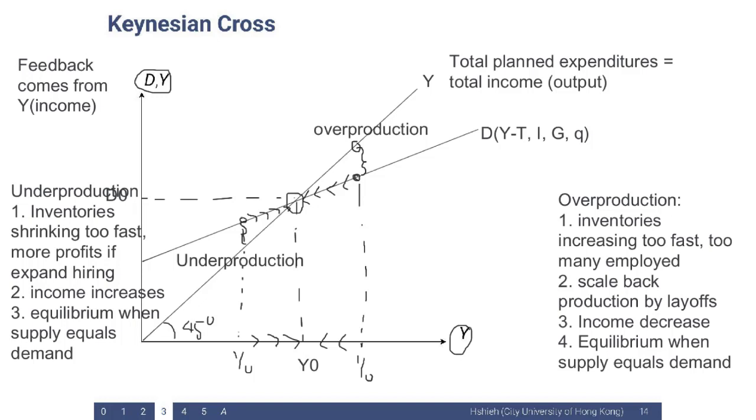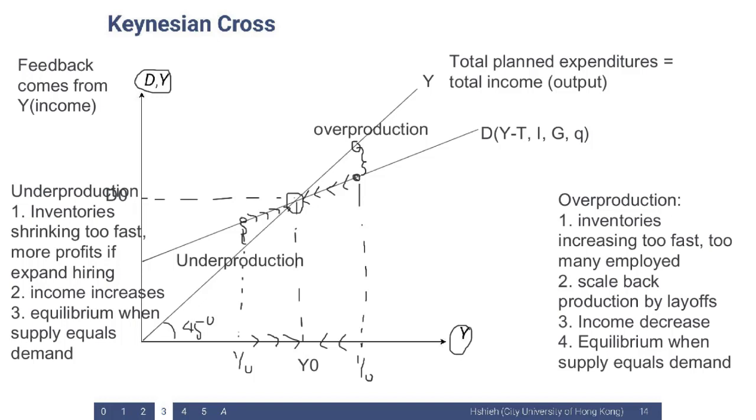So as they scale back on production, they're laying off people. Obviously, when they do this, income in general will decline, right? And this will feed back into this demand equation over and over again until just enough production or supply is created to meet the demand. So that's the case when you have overproduction.